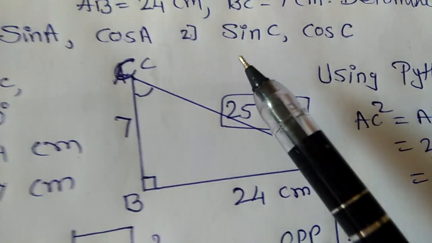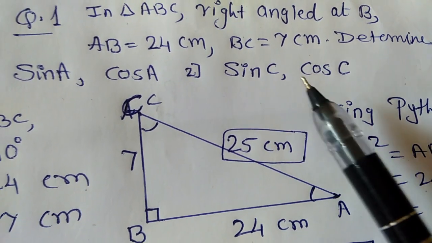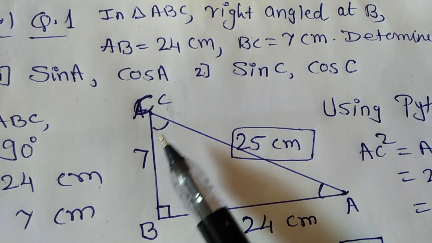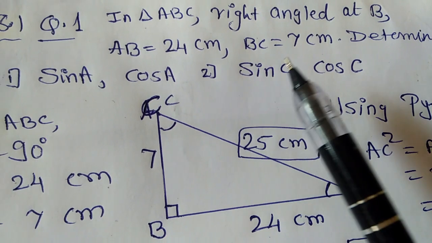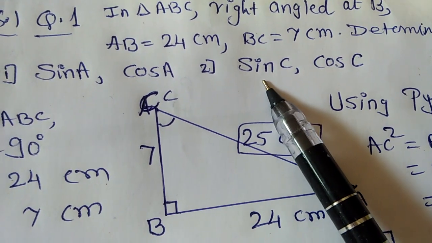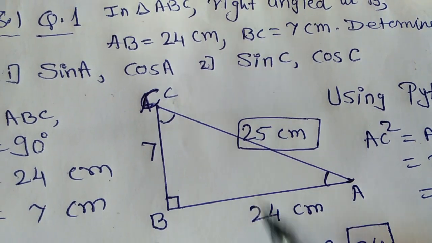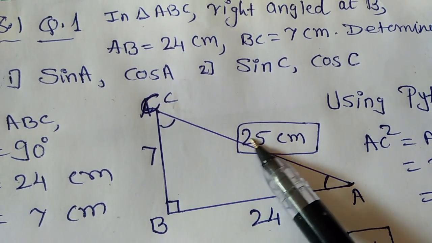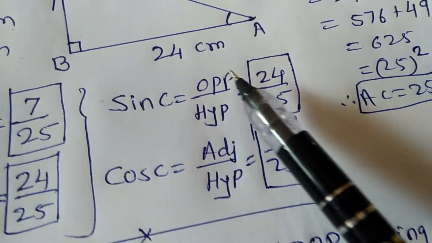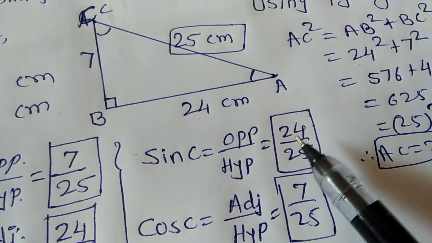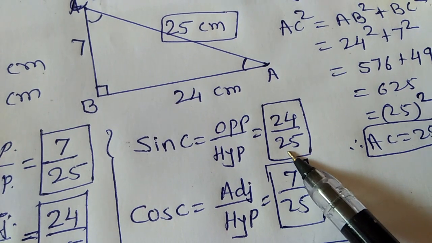See the question next. You have to find sin C and cos C. This is the angle C. For finding sin C, we have to find the opposite side of C. For C, opposite is 24. Hypotenuse is fixed, 25. Therefore, the value of sin C is opposite upon hypotenuse, that is 24 upon 25.